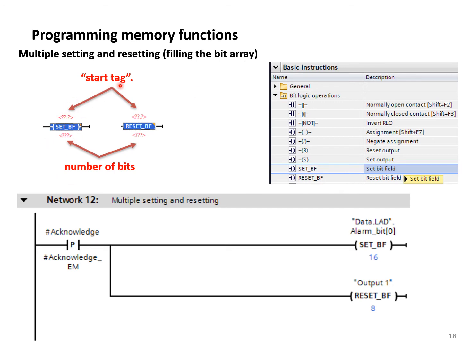At the top we have start tag, and on the bottom we have number of tags. For example, here we have 16 bits, and it starts from the data lad alarm bit 0. So here we could set 16 bits at the same time, for example alarm bit or a pilot light or motor, whatever the output is, and we could also reset 8 bits at the same time.